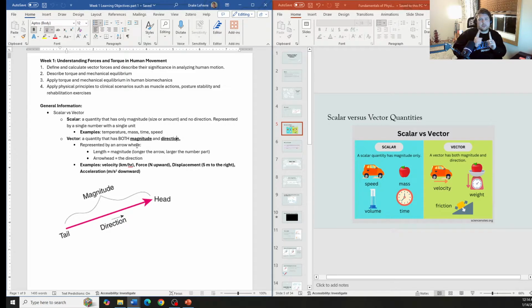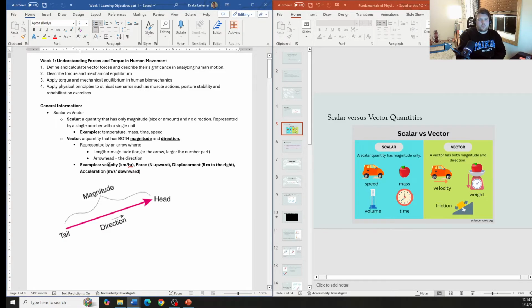Those two things combined, the 35 miles per hour plus the direction, that makes it a vector. Or for example, if I'm going to take 5 steps to the right, the combination of a magnitude, a number, an amount, plus a direction, that gives us the vector.